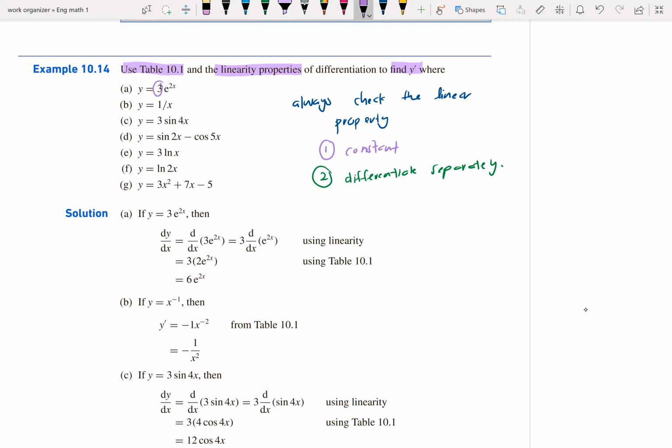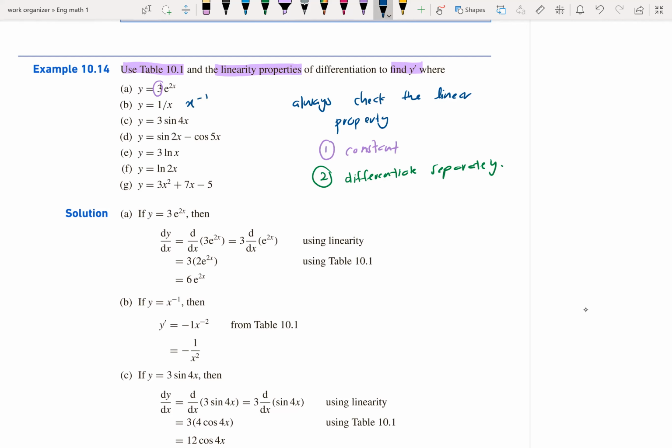And for this one, you just change the form into x to the power of negative 1, so it doesn't matter about the linearity.